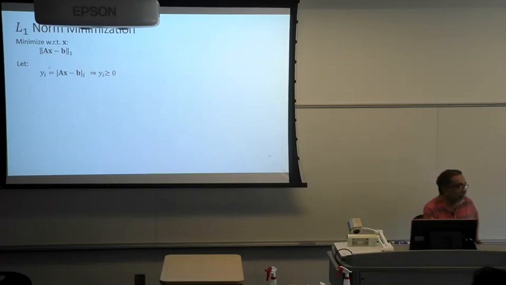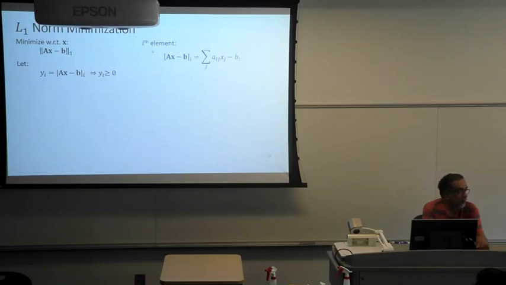Right? So let the absolute value of the ith element be yi. I'm introducing a notation here: this is the ith element of AX minus B, and this means the absolute value. Since it's an absolute value, yi must be greater than or equal to 0.